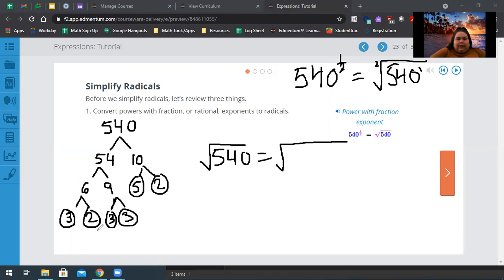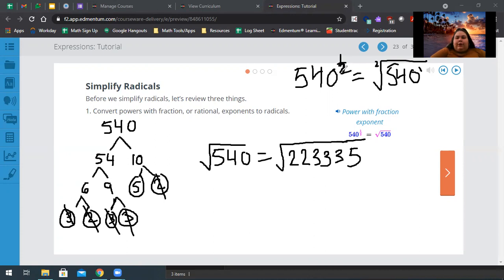But let's organize it here and write them in order. I have 2 2s, so I'm going to put a 2 here and a 2 here. And then I have 3 threes, and then I have a 5. Now, keep in mind the denominator of the power is 2.